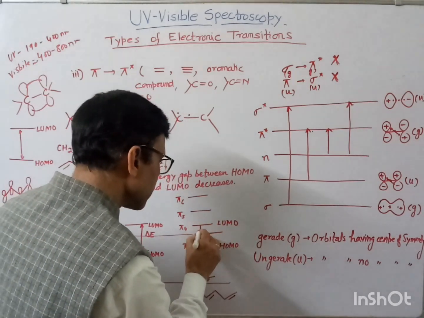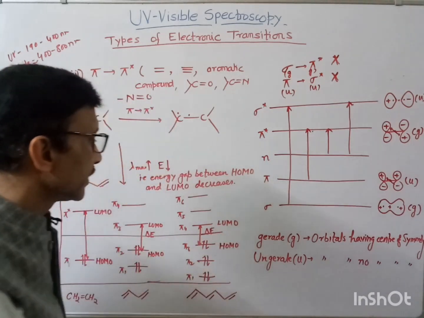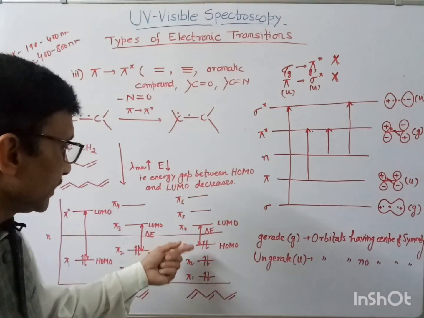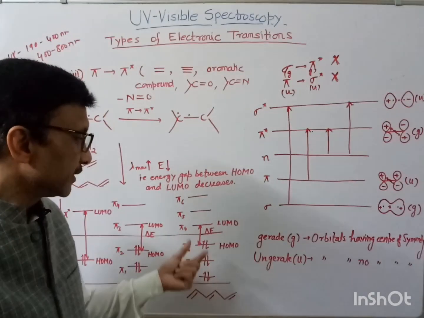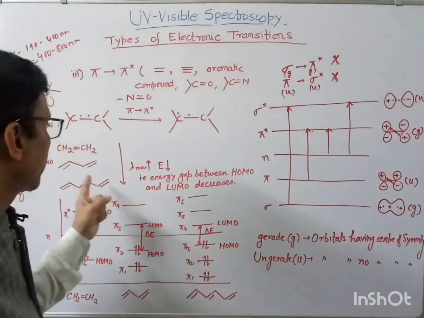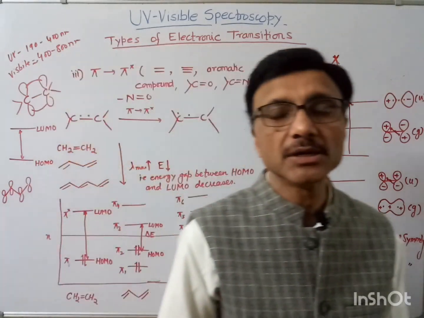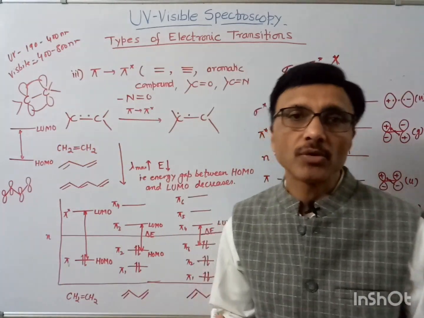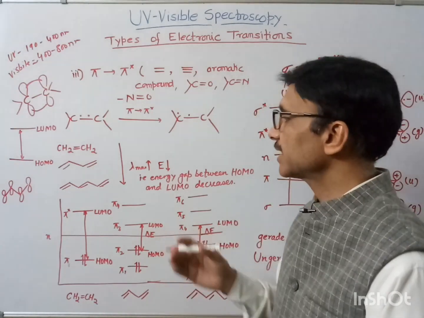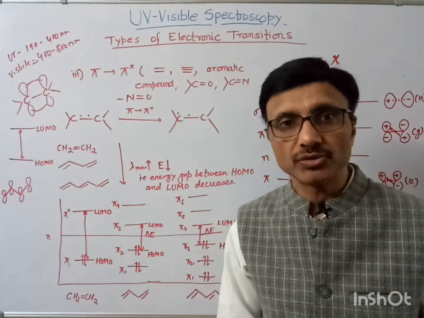As you can see, the energy gap between these two is delta E. So in case of hexatriene, the lowest energy gap is present, and that's why it requires the high wavelength. As the conjugation increases, the energy gap between HOMO and LUMO decreases and the lambda max increases.